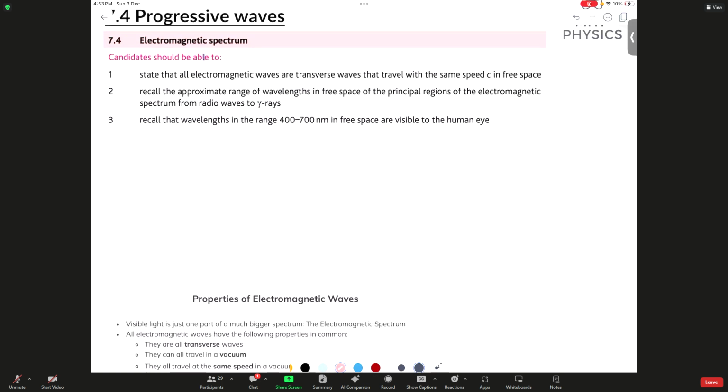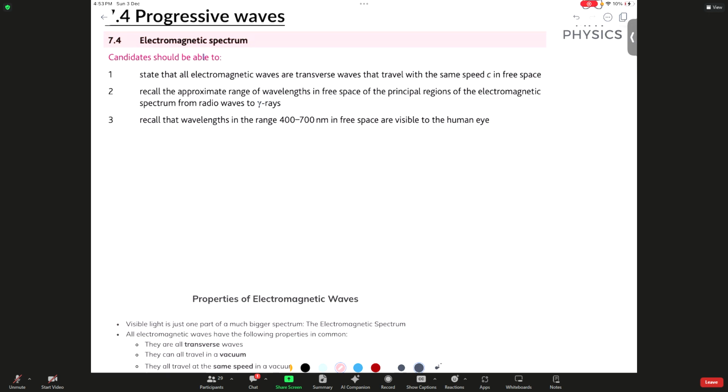Number 2, they're all transverse waves. So longitudinal waves can't do what these waves can do. There's one more. Yeah, they don't necessarily need any medium to travel through, but if there's a medium, they do travel through it. So these are the three main properties. In the mark scheme, they also accepted that they transfer energy. I mean, that's the thing they do.